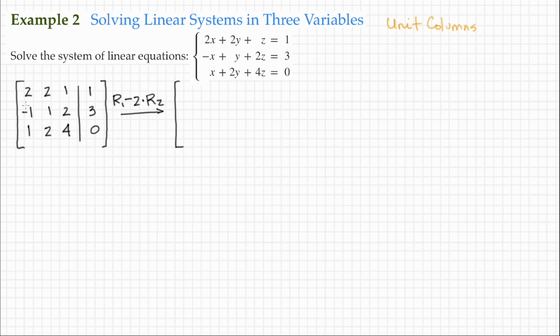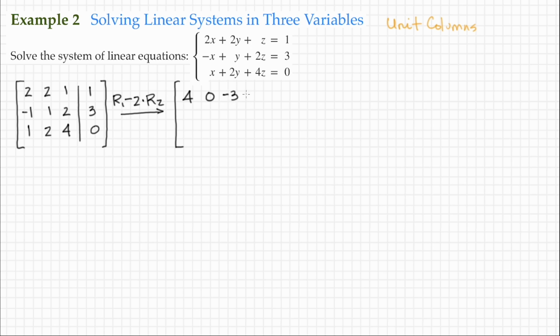So then right here we have -1. -1 times 2, that's -2. So then 2 minus -2 is the same as 2 plus 2. This becomes 4. 1 times 2 is 2. 2 minus 2 is 0. And of course, that's the whole idea. 2 times 2 is 4. 1 minus 4, this is -3.